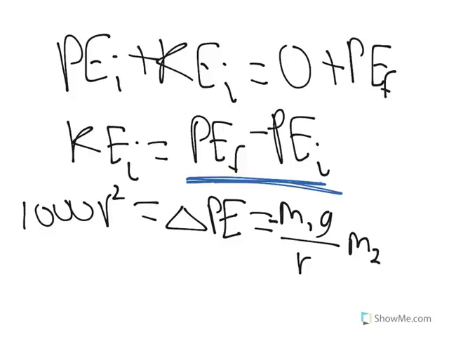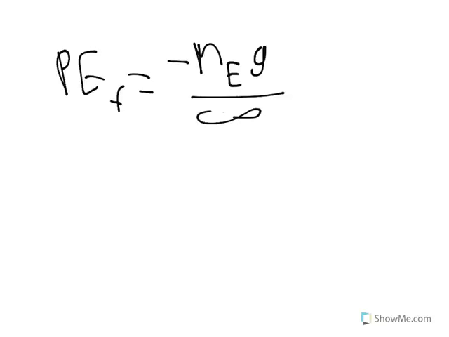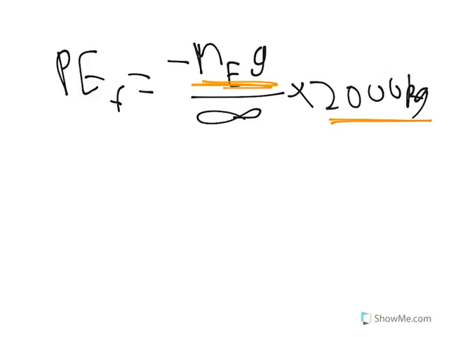So let's figure out what these values are. Potential energy final is negative mass of the Earth, call that m sub e, so we don't have to write it out, times g over infinity, once we've gotten all the way to infinity, times 2,000 kilograms. Well, here's the thing. All of these are finite. None of them are infinite. So that's a finite number divided by an infinite number, so it just equals 0.